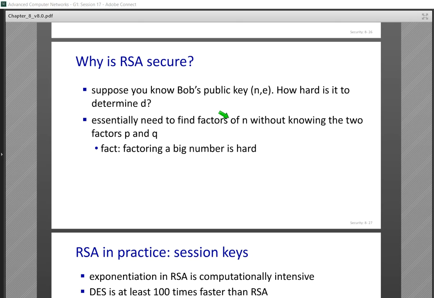Maybe someone asks me, is it possible to find P and Q, knowing, for example, N? Yes, we can find P and Q to crack the structure of RSA.